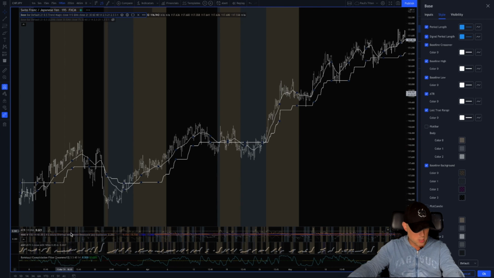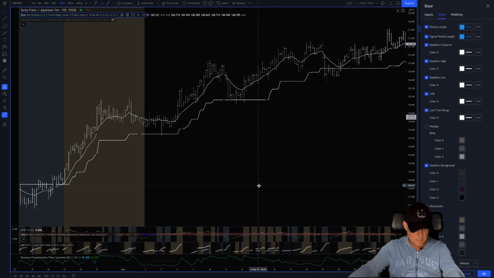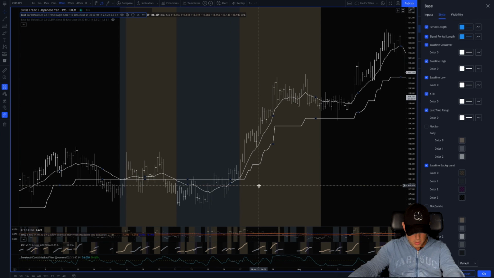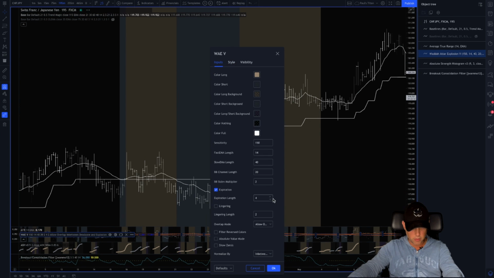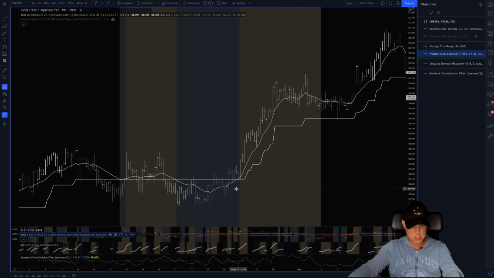Might have to increase the expiry on my WAE, as I can see in here. The consolidation period ends, we've got the strength, but the volume is expired. So that's something that you can do just as a base point, right? This might not be where it stays, but I just see that right off the bat.